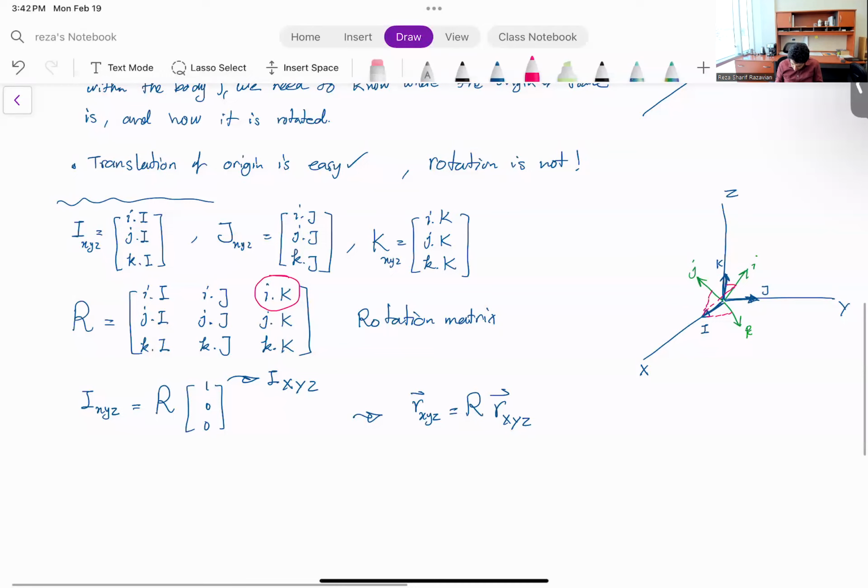And that dot product, remember what the dot product is: length of one times length of the other one times the cosine between them. So the lengths of these two vectors are 1. And these elements of the rotation matrix are essentially the angle between the original and the rotated frame. And these are called directional cosines.